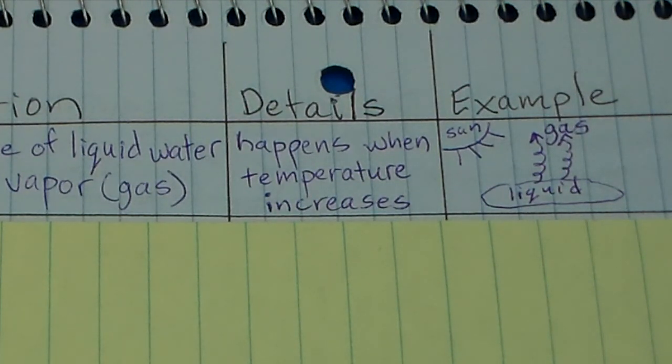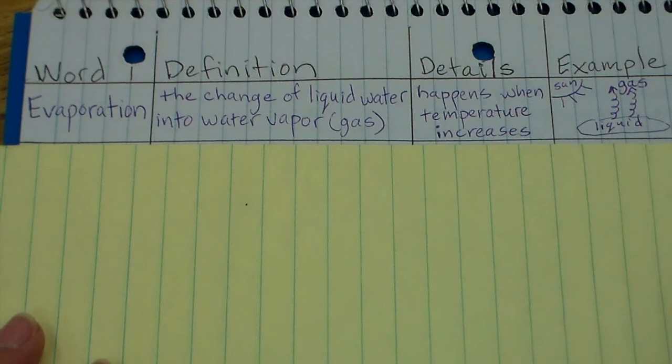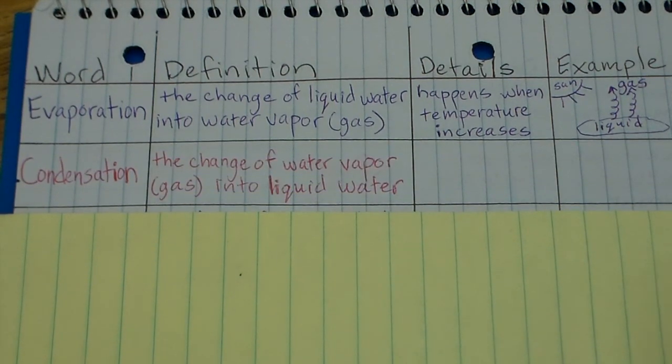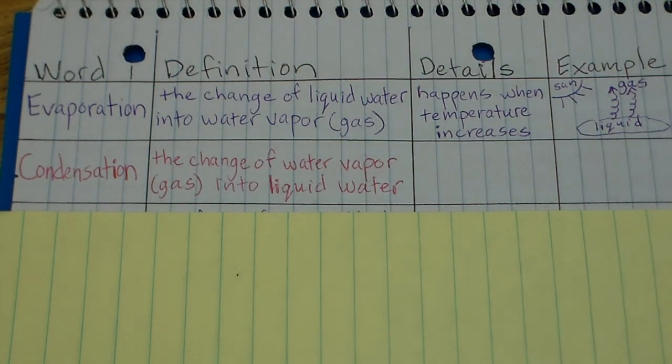So that is evaporation. Now we have an opposite of this. Because if that water goes into the air as a gas, that's great, but we're going to need to get that water out of the air in order for the water cycle to continue. So our second word today is the opposite of evaporation, and that word is condensation.